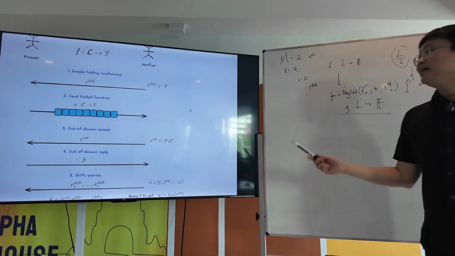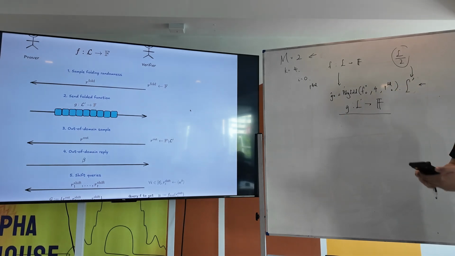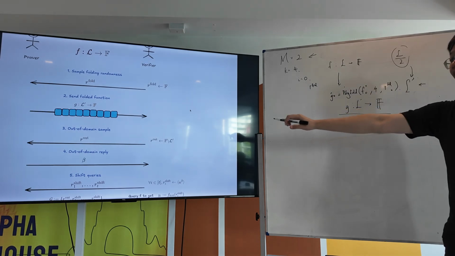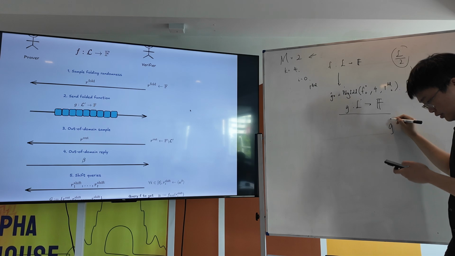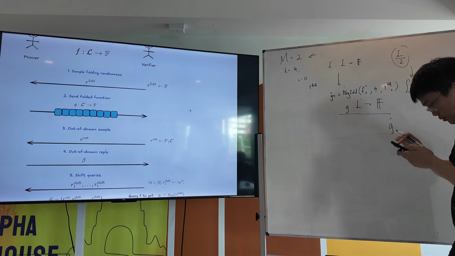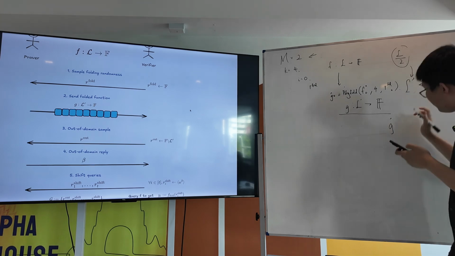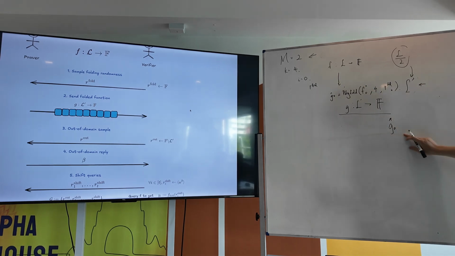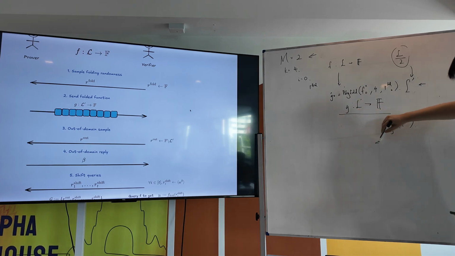The prover then evaluates g hat i at r_out. If it's round 0, then i will be 0. You evaluate this on the given r_out value, and then send this over to the verifier.